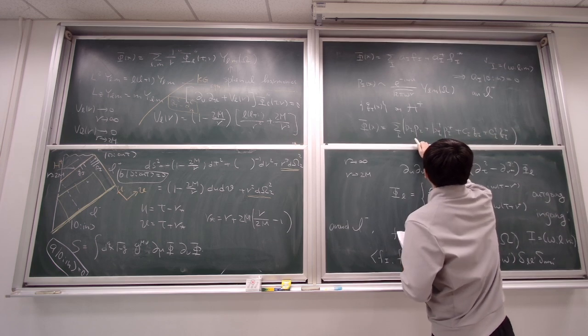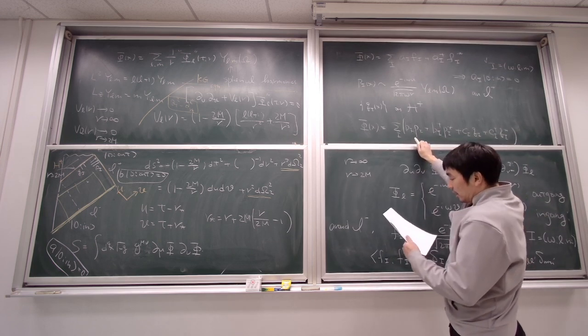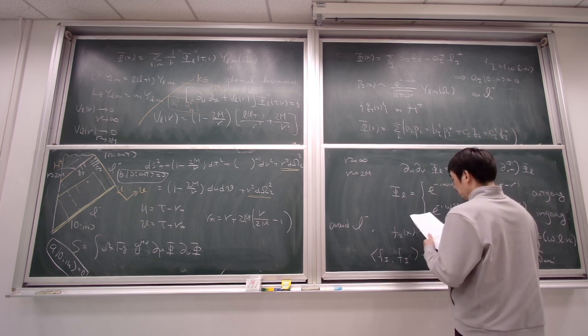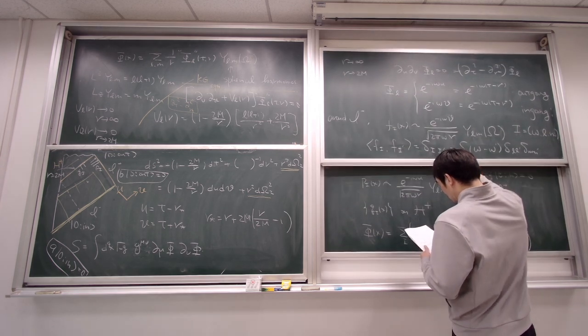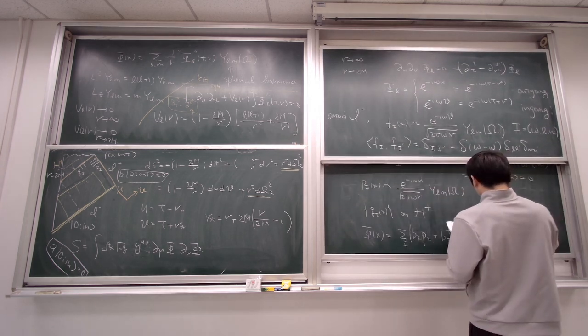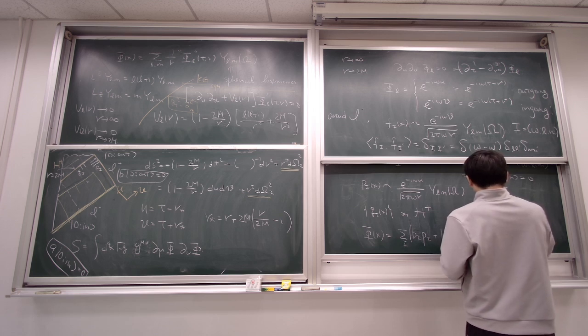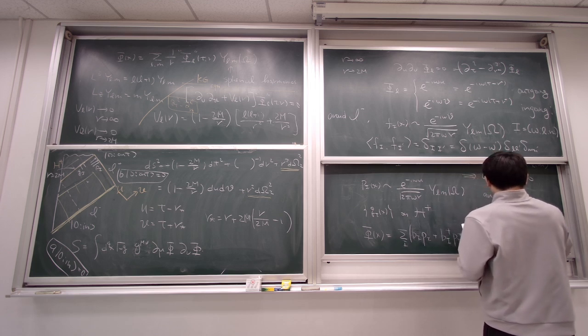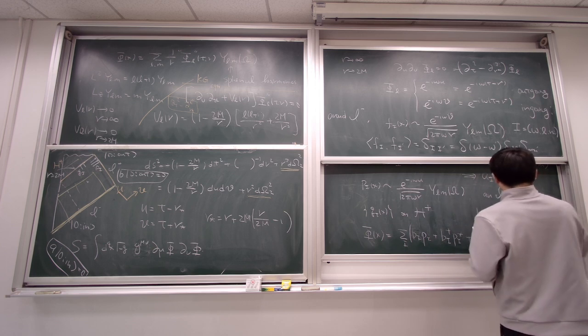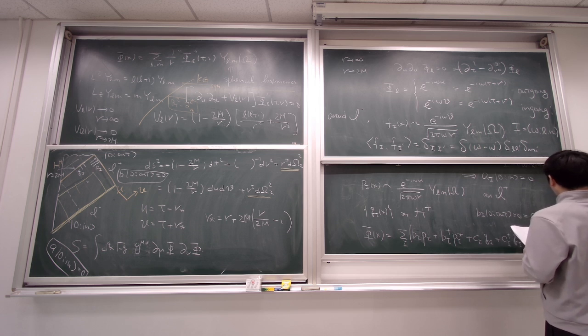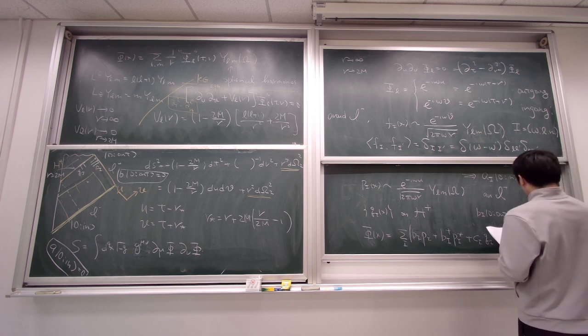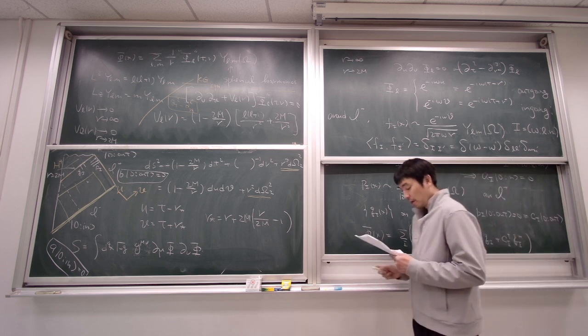So you have a mode expansion. And then the out vacuum is defined by b_i acting on 0 out equal to 0, and also c_i acting on the 0 out vacuum to be 0, for any i.